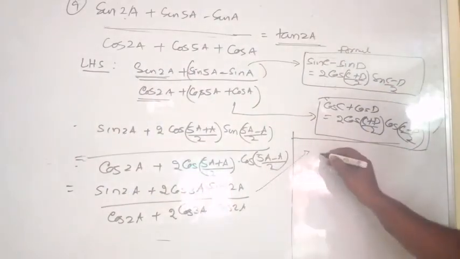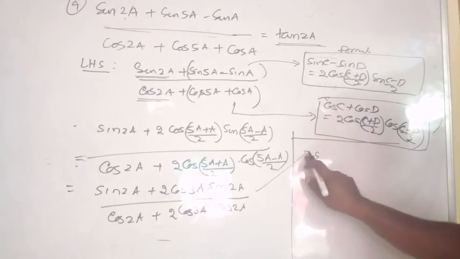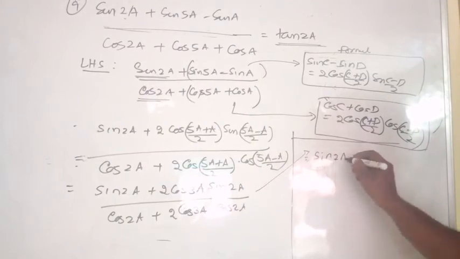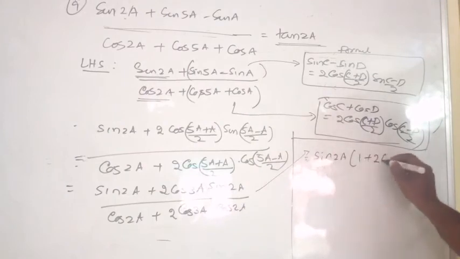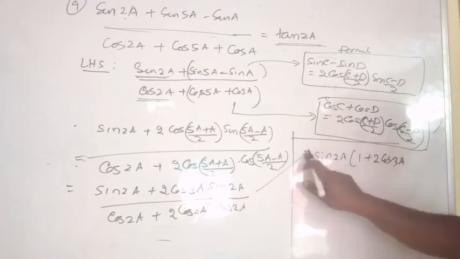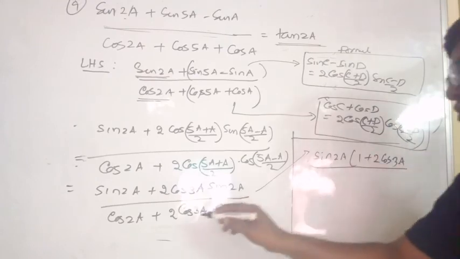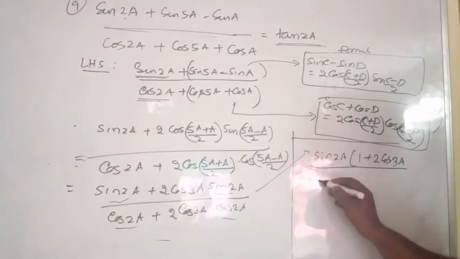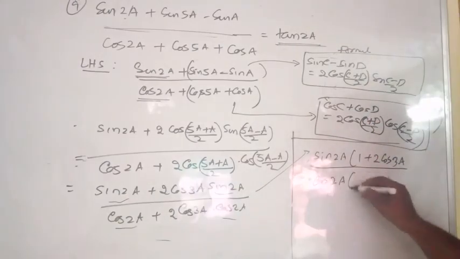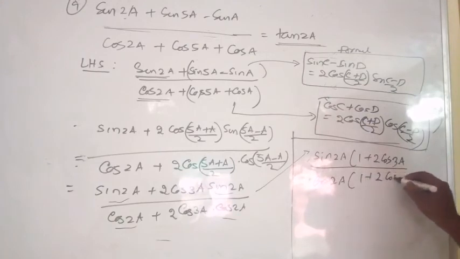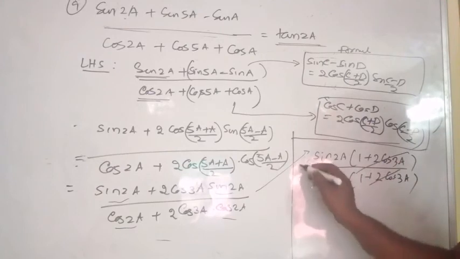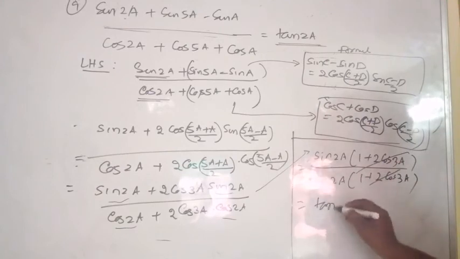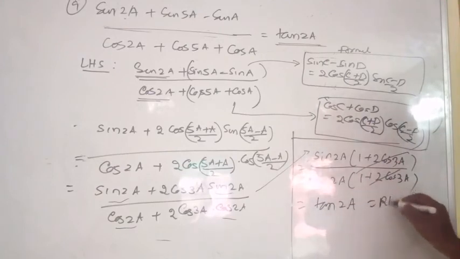Sin 2a is common, so 1 plus 2 cos 3a, and cos 2a is common, so 1 plus 2 cos 3a. So this cancels. This is equal to tan 2a, RHS. Proved.